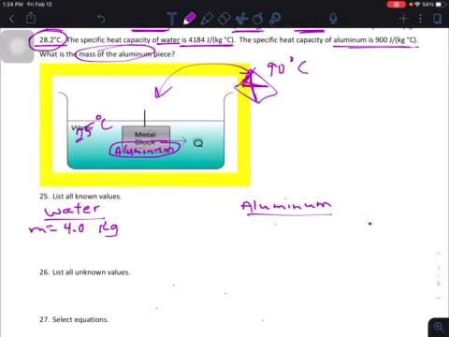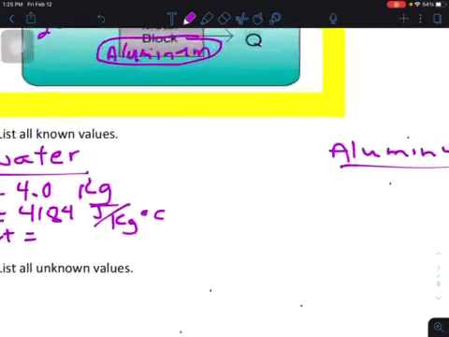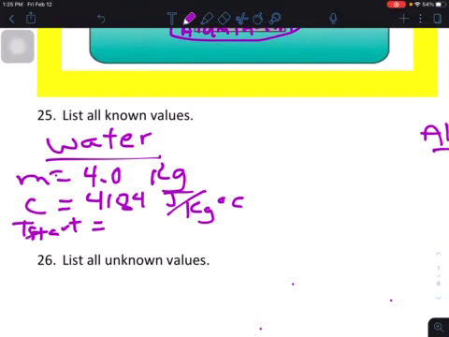We know the specific heat of the water is 4,184 joules per kilogram per degree Celsius. We know the temperatures. At the start, the water was 25 degrees Celsius, and the temperature at the end for the water and for the metal is 28.2 degrees Celsius.